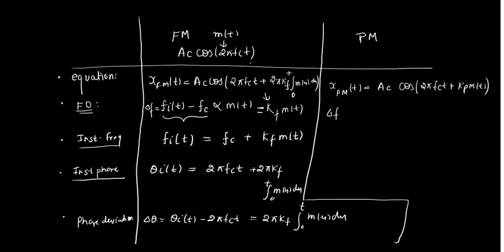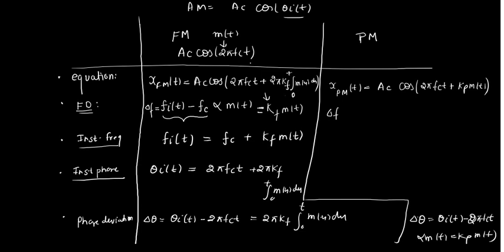And for the case of PM, we know that phase deviation is directly proportional to your message signal, right? So, for the PM signal, the phase deviation is theta i(t) minus 2 pi fc t, and that is directly proportional to your m(t), which is Kp m(t). See, any angle modulated waveform has a structure like this, right?